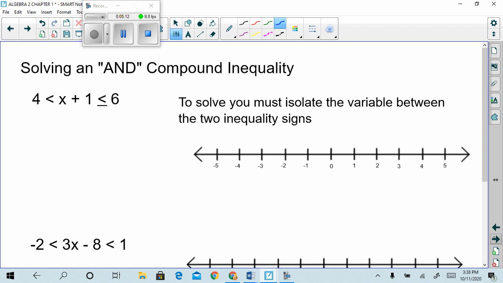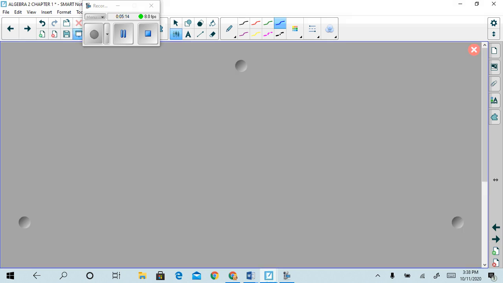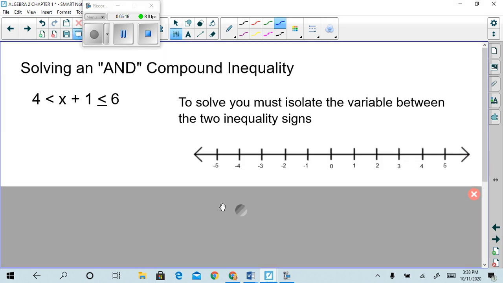We'll try the AND first. In this first problem, you're going to notice that the x is not isolated, and that's always our goal, to isolate the variable. Since x is not isolated, I need to use inverse operations to get the variable by itself. I'm going to subtract 1 on all sides, not just the center, but on the left and on the right.